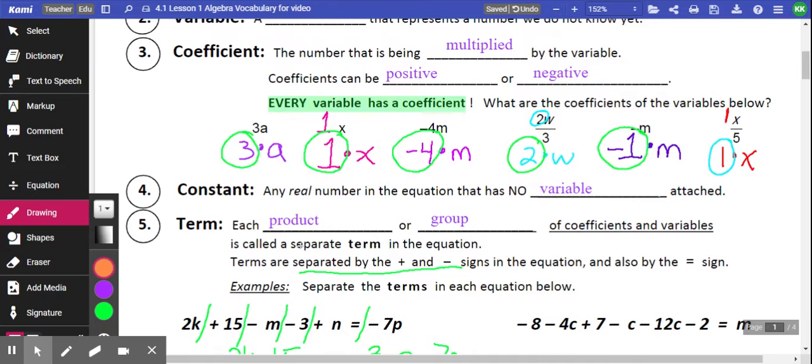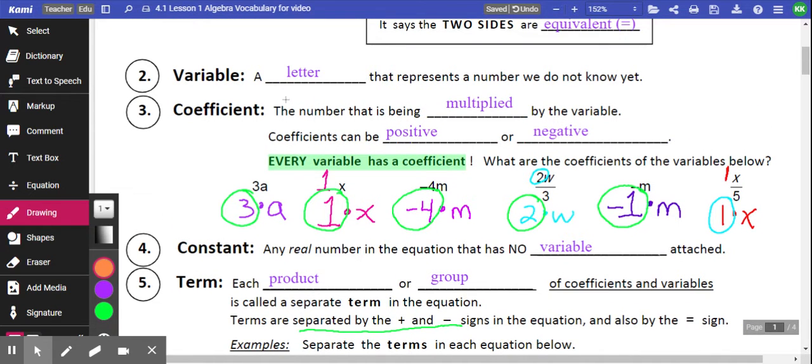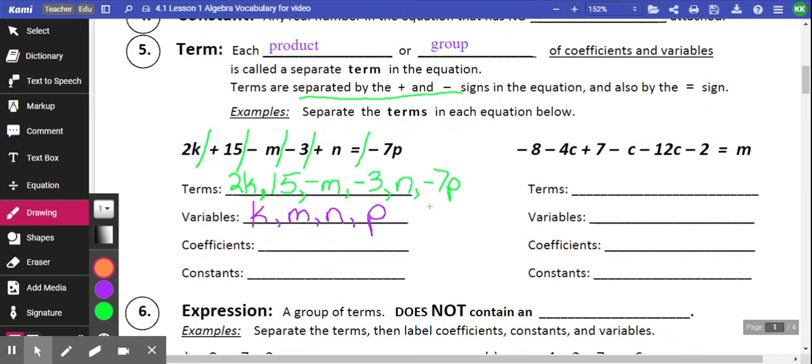Coefficients, if I look back, the coefficient is the number that is multiplied by the variable. So it's the number that is in front of the variable to multiply it. Or remember, sometimes we have to put that hidden 1 in. So our first variable is K, which means 2 times K, so the coefficient is 2. 15 does not have a coefficient because it doesn't have a variable, so 15 is not a coefficient.